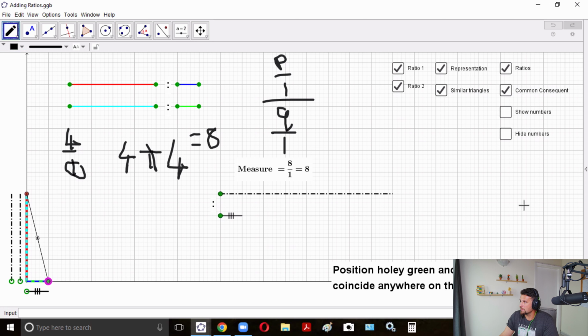Yes, that's correct, because you wouldn't even know how to do, for example, why would you say p over q plus r over s is equal to ps plus qr over the common denominator, which is qs, right?